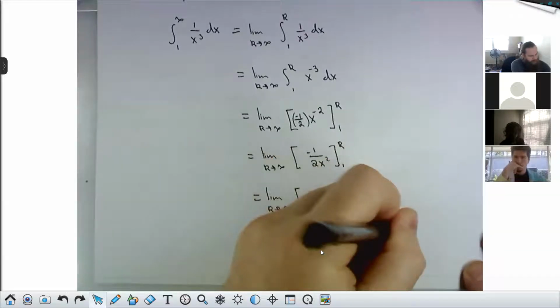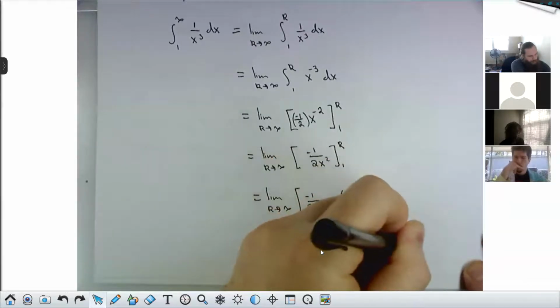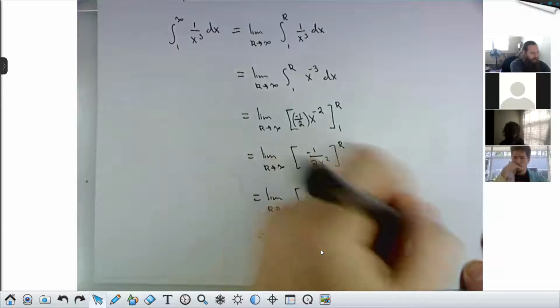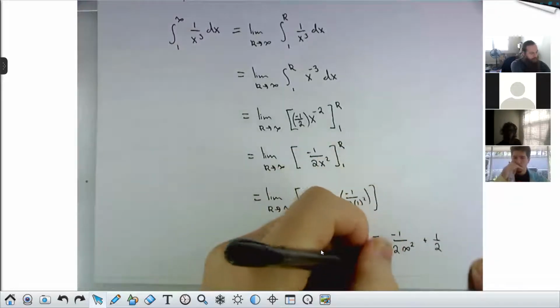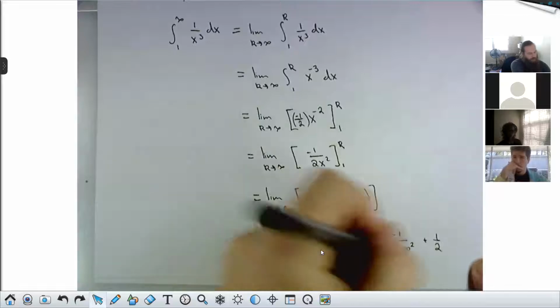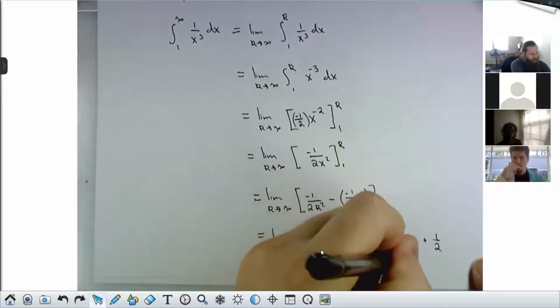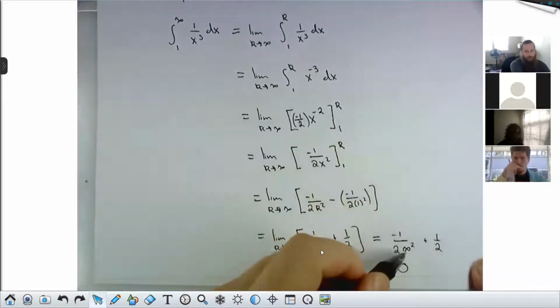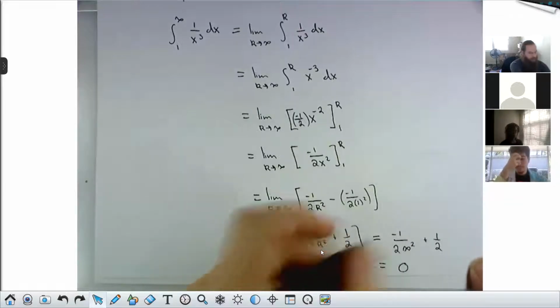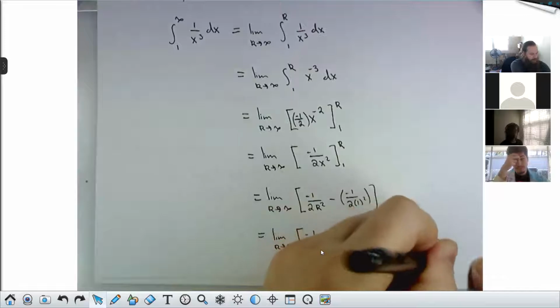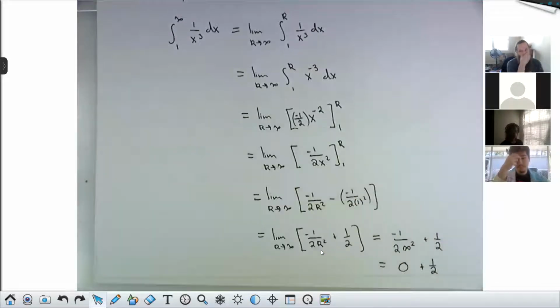So this is like negative 1 over 2 times infinity squared plus 1/2. 1 over infinity squared is 0 for sure, right? If you take 1 and divide it by 2 times some enormous number squared, you're going to get something very close to 0. So this is 0 plus 1/2.